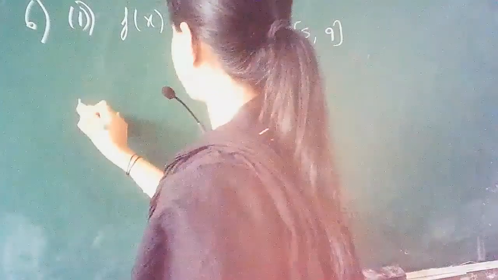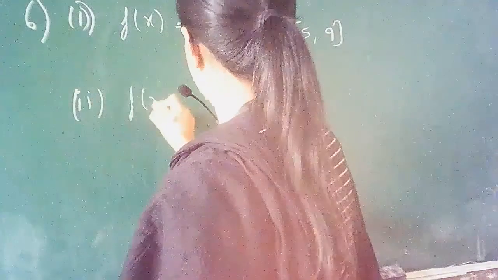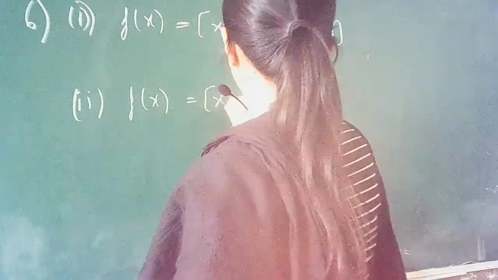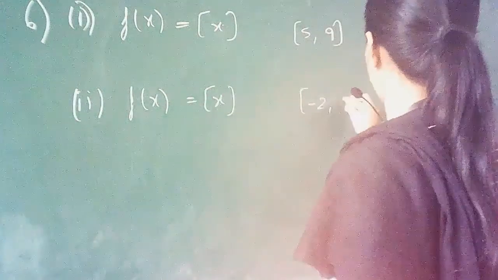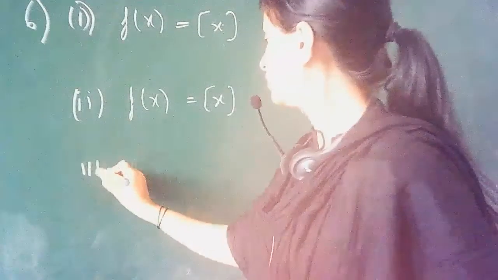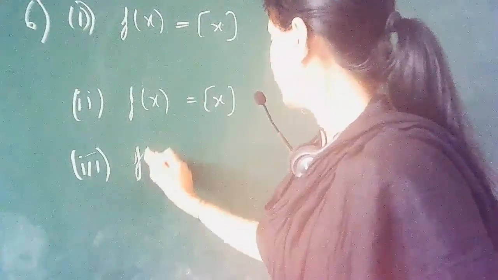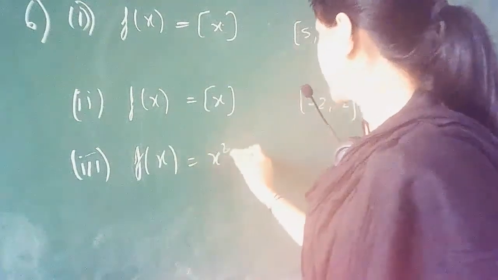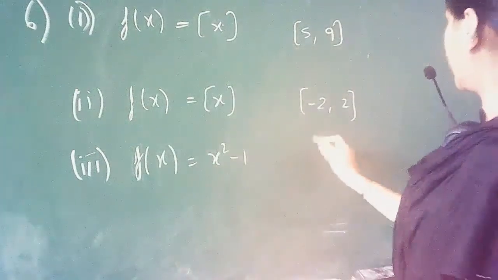The second function was again the greatest integer function, but the interval was changed, it was minus 1. And the third function was f of x is equal to x square minus 1 on the interval 1, comma.